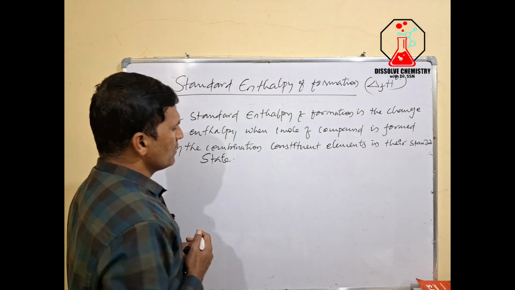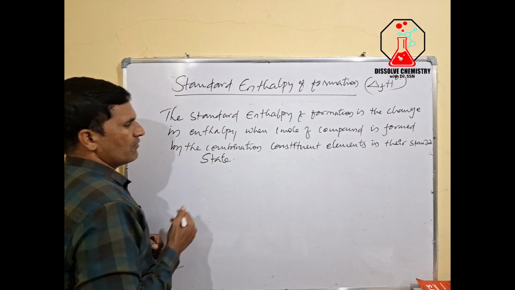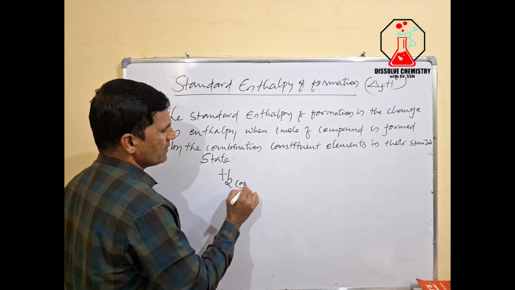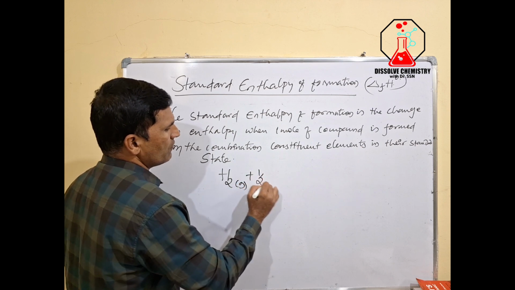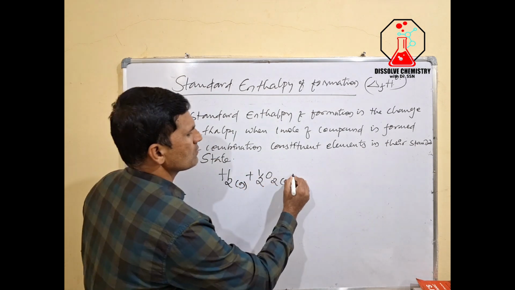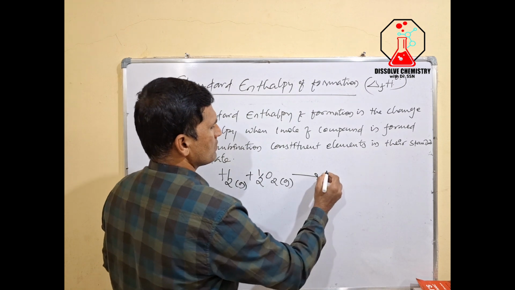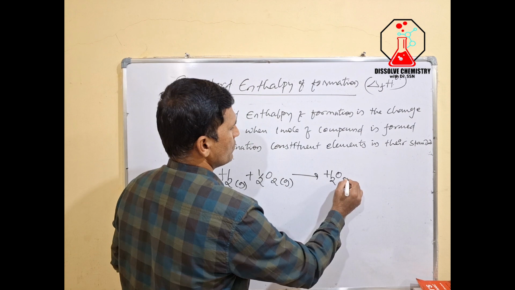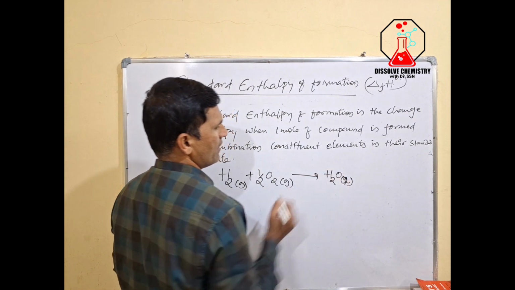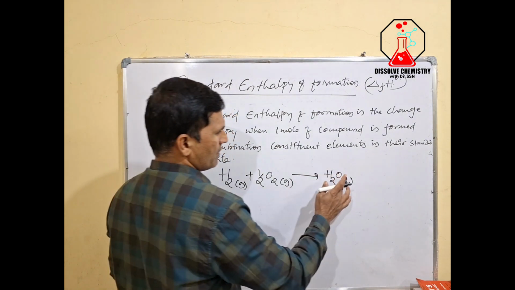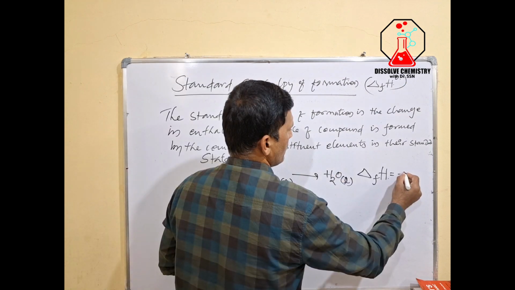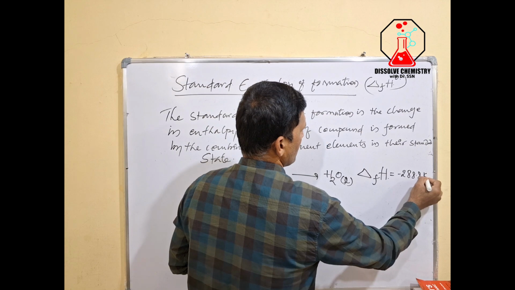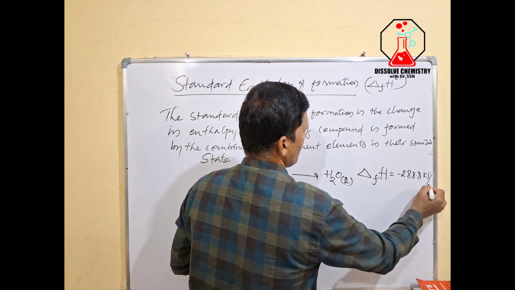For example, let us take formation of 1 mole of water. For that we need H2 gas plus half O2 gas. Then it will give 1 mole of H2O liquid in the standard state, with delta H of minus 288.8 kilojoules per mole.